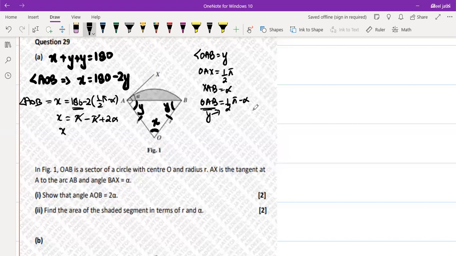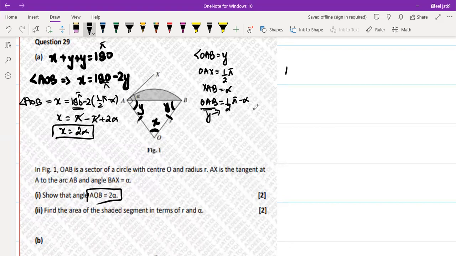This is cancelled, so you are left with 2 alpha. Please note that 180 degrees is always pi. So angle AOB is equal to 2 alpha. Then the question says, find the area of the shaded region.